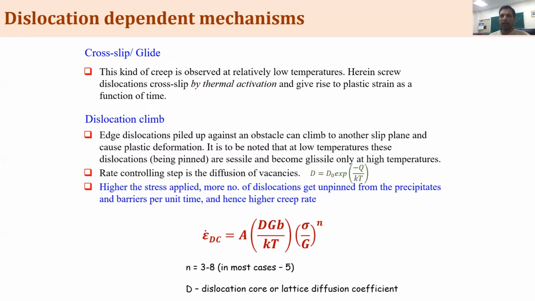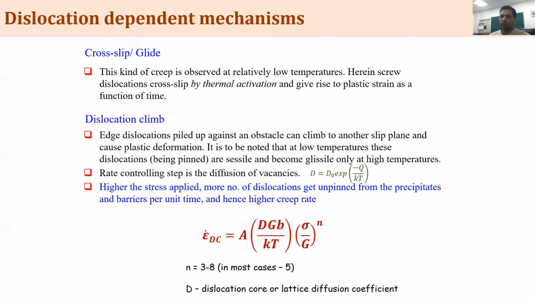The higher the stress applied, more number of dislocations get unpinned from the precipitates and barriers per unit time, and hence higher creep rate. So even though this is temperature dependent, meaning that this gets activated only at high temperature, still it is sensitive to the stresses, because higher the stress, higher the number of dislocations that get unpinned, and hence more and more creep will take place.